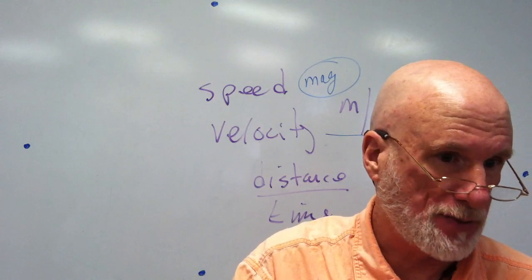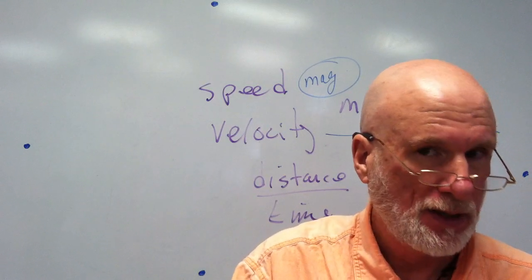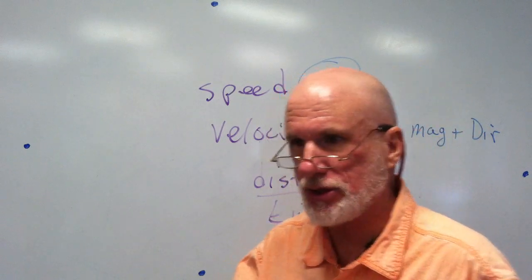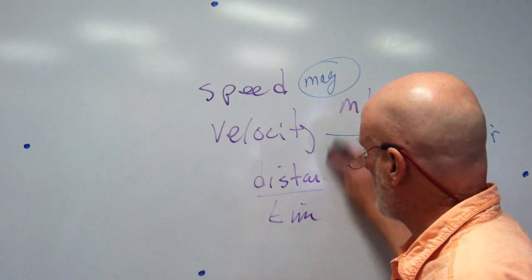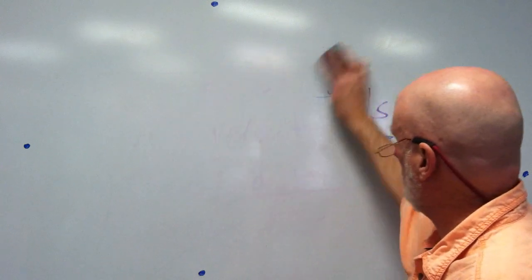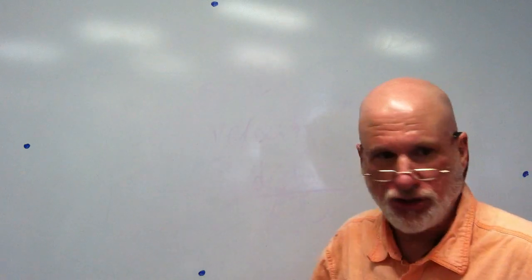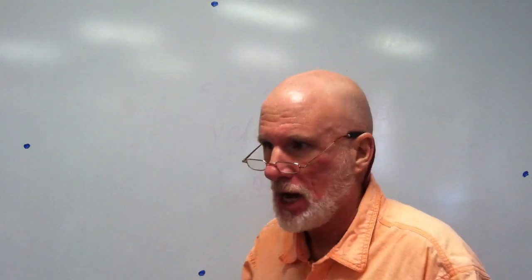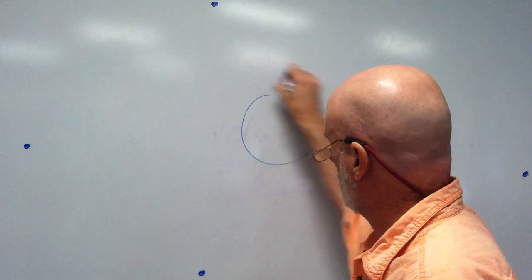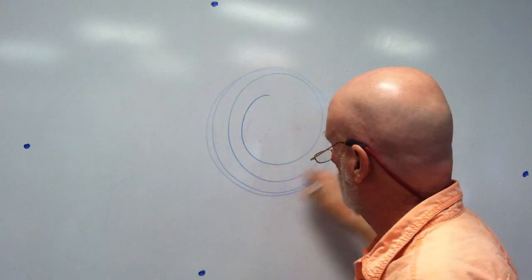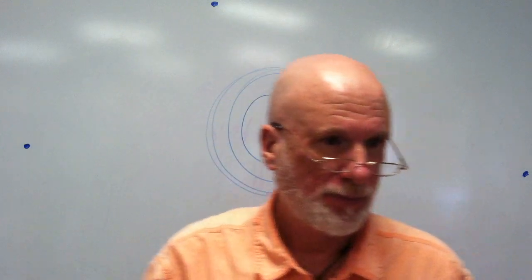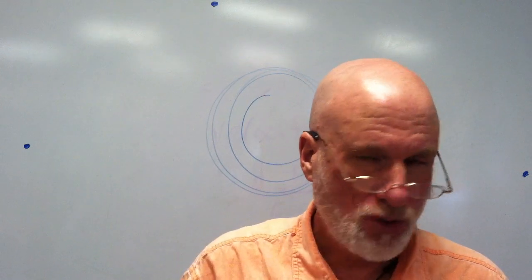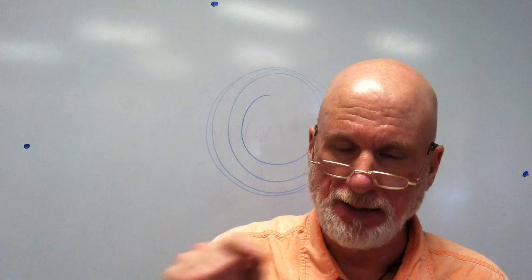I'm not going to answer that question, but I'm going to answer something else. Acceleration changes direction. I could have the same magnitude for acceleration. I could keep going around in a circle. Same speed, 20 meters per second, constantly.